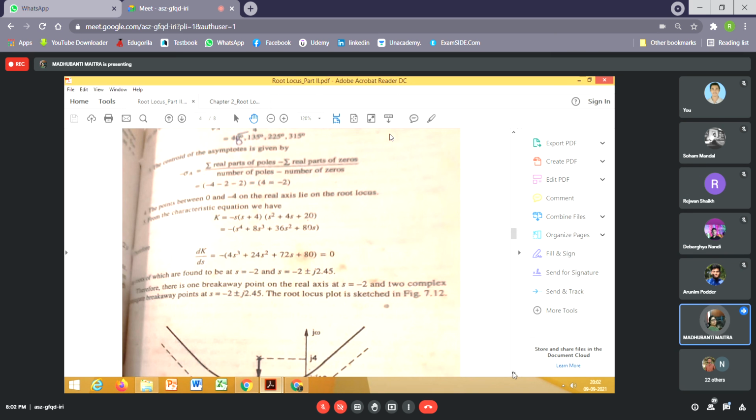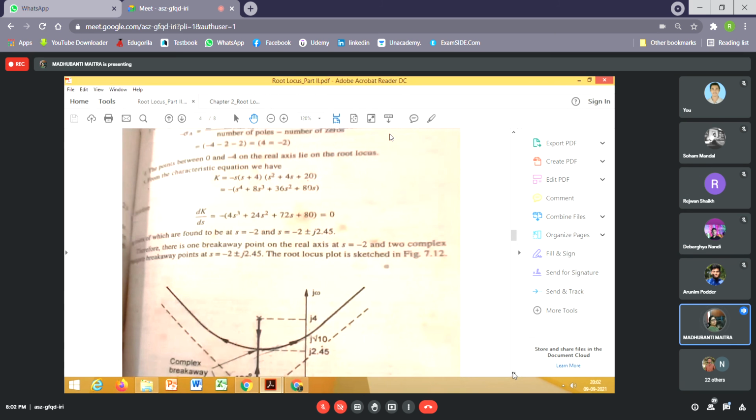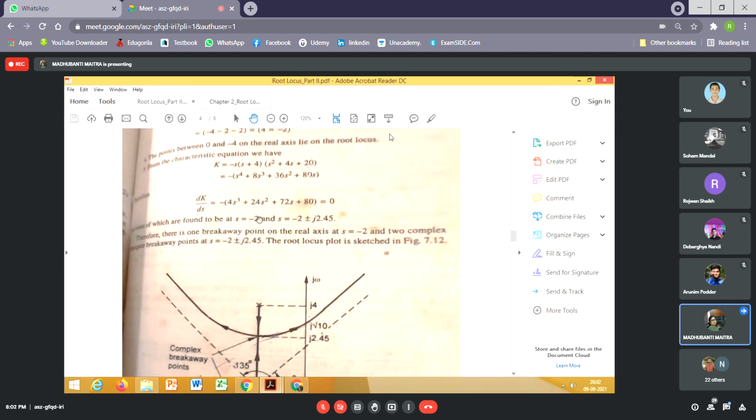Now, the problem with a complex root of this equation is this. If the root is a real root, very easily you can find out whether the angle criterion has been satisfied or not, that is, whether the point is lying on an on-locus segment or not. But if it is a complex root of this equation, not the root of the characteristic equation, then at one particular point, at minus 2 plus j 1.45, you must apply the angle criterion.